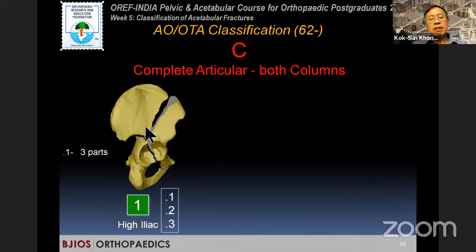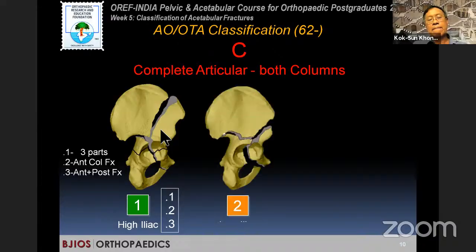And the types are, if you have just 3 fragments, it's a C1.1. If you have 3 parts with a fracture through the anterior column, C1.2, and if you have the anterior and posterior column, then there are like 5 parts, then it's C1.3. But the primary pattern is a high column, high type fracture.